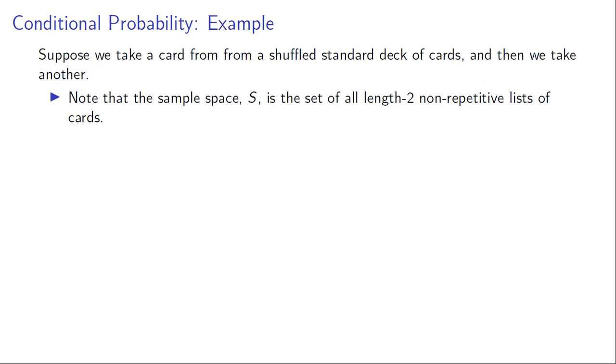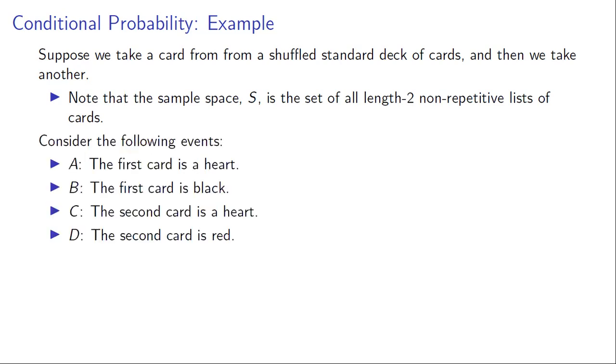We take a card out and then another, but we don't put the first card back in. If we put it back and shuffled again, we might have repetition, but that's not the case here.